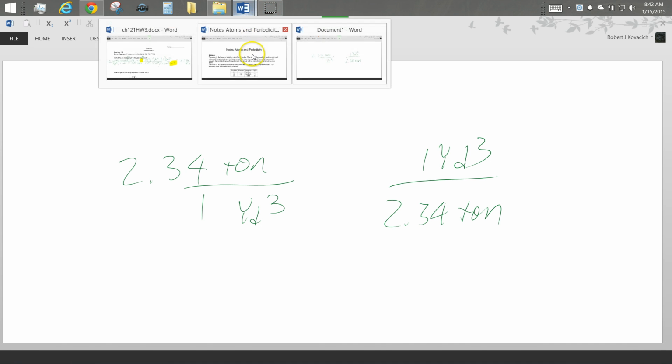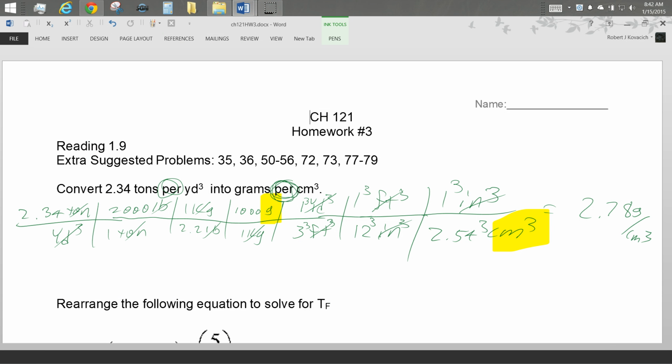So for this one here, I started off with tons in the numerator and yards cubed in the denominator because when I'm finished, I wanted this mass number here, this grams, up top and the centimeter cubed in the bottom. So that was the only way I could put it in to get the answer I want. If I had accidentally put it in upside down, what would happen? I would get a number with a unit of centimeters cubed on the top, grams on the bottom, and this number wouldn't be 2.17, it would be what?